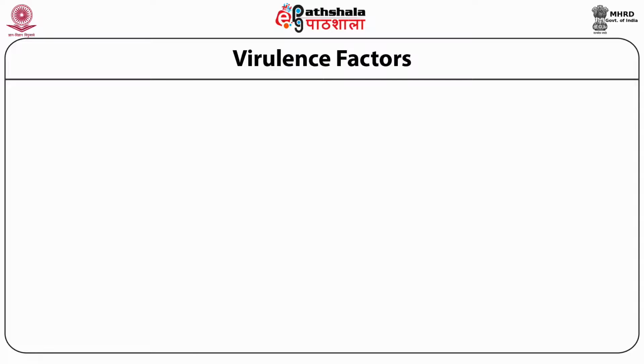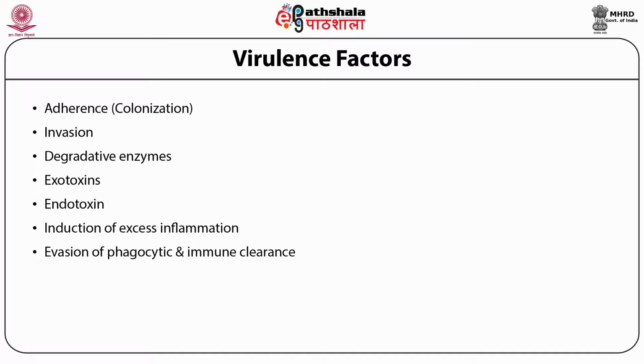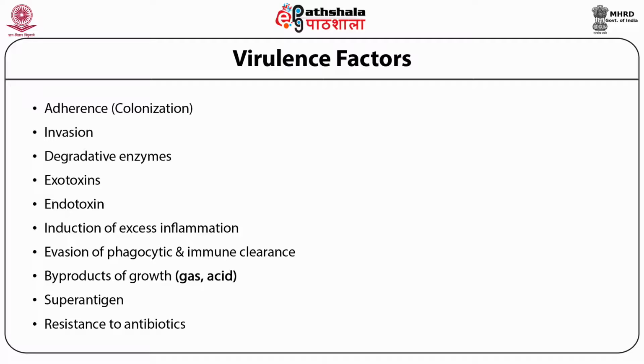the body. Important factors are adherence, invasion, degradative enzymes, exotoxins released by the bacteria, endotoxin released when bacteria die, induction of excess inflammation, evasion of phagocytic and immune clearance, byproducts of the growth of microbes such as gas and acid, superantigens released from the microbes, and resistance to antibiotics.